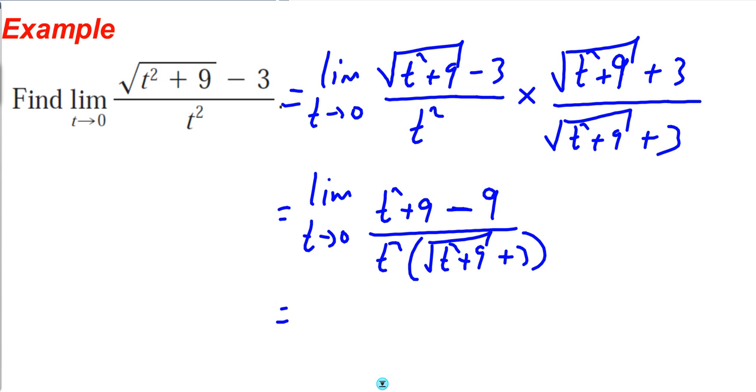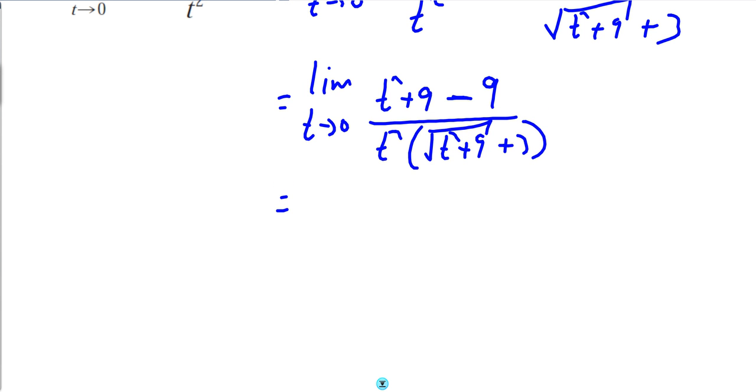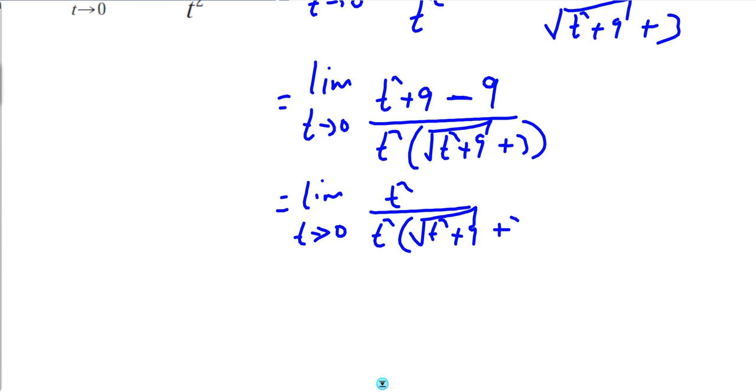That gives us the limit as t approaches 0 of t squared, all over t squared times square root of t squared plus 9 plus 3.